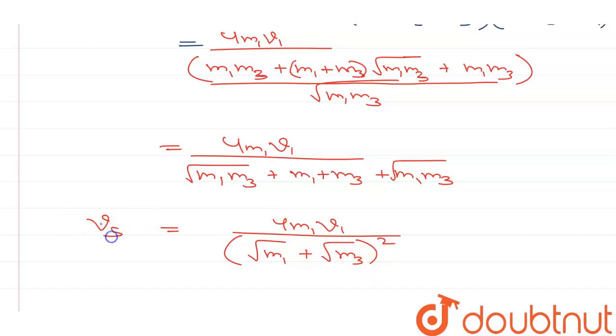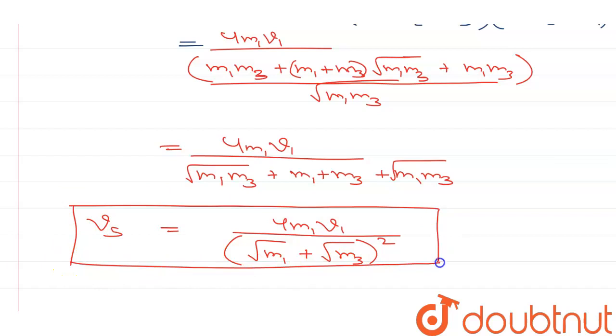So this is the maximum velocity that the sphere C, or the sphere of mass m3, can achieve.